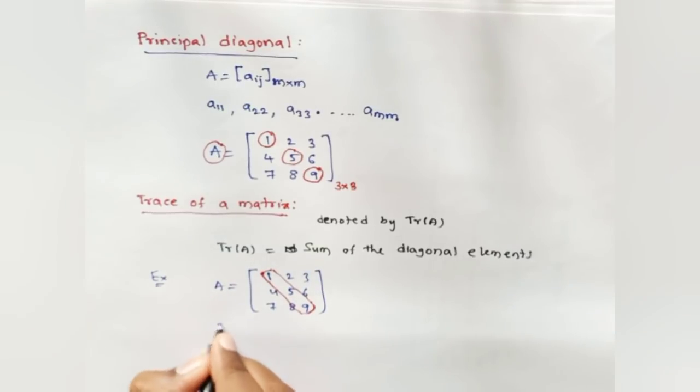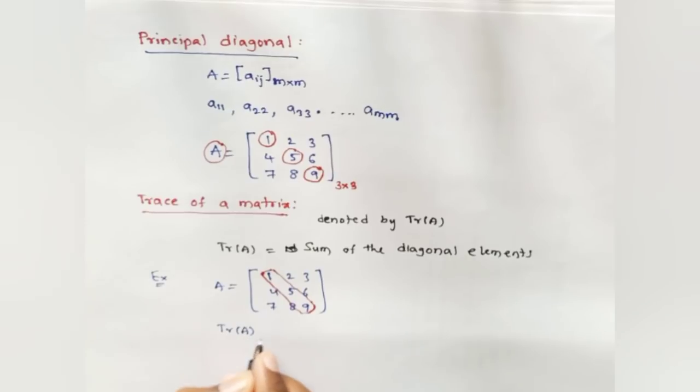So the trace of this matrix A is nothing but the sum of the principal diagonal elements. The sum of these three elements is 1 plus 5 is 6, 6 plus 9 is 15. So the trace of this given matrix is 15. Similarly we can find the trace of any square matrix.